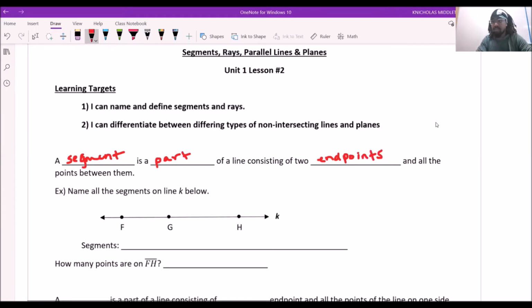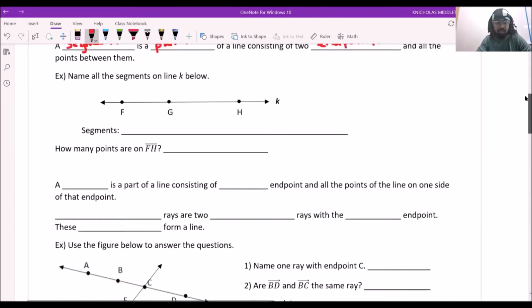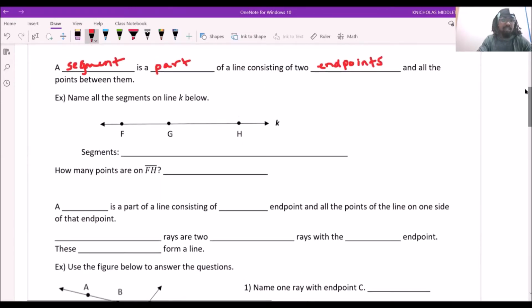So as we look at this, and I'm going to scroll up so we can see it a little bit more, we can name these segments. Remember that a line continues on forever and ever. A segment just says, hey, it doesn't continue on forever. We have endpoints. And so we have the segment FG. We'd also have the segment GH.